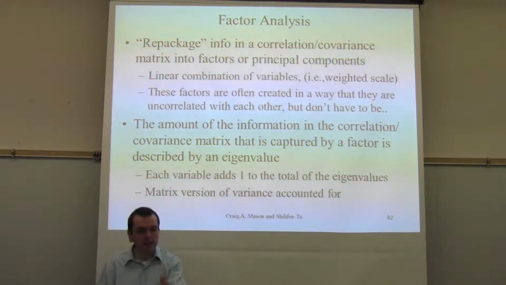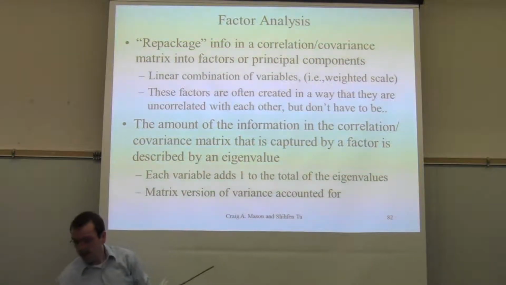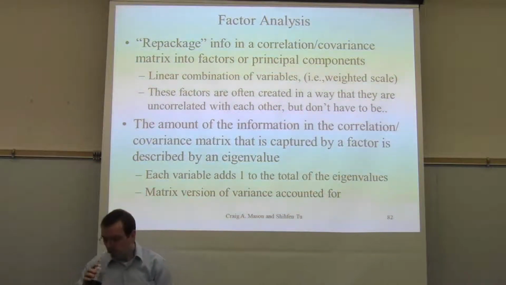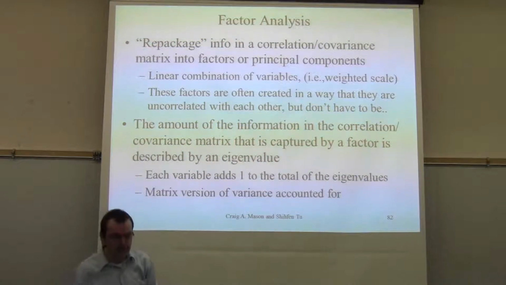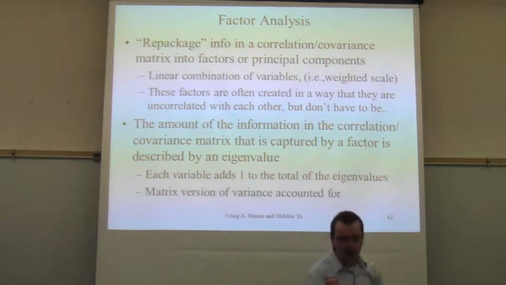One of the rules we're going to see is that the information is reorganized into factors that typically are uncorrelated with each other, but they don't have to be. And we're going to talk about the amount of information that's captured by a factor, which is measured by what's called an eigenvalue.